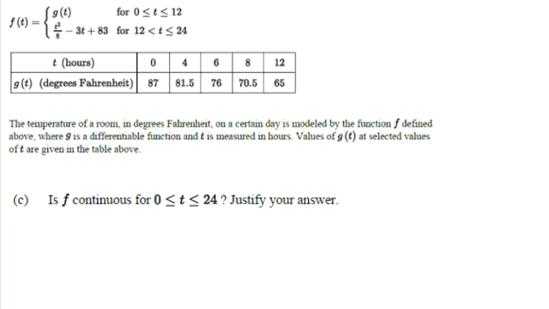All right, so this gives us the limit as t approaches 12 from the left of f of t equals f of 12, which equals g of 12, and that is equal to 65.